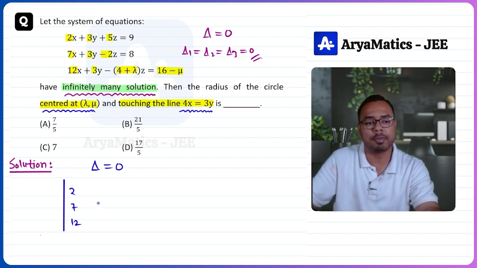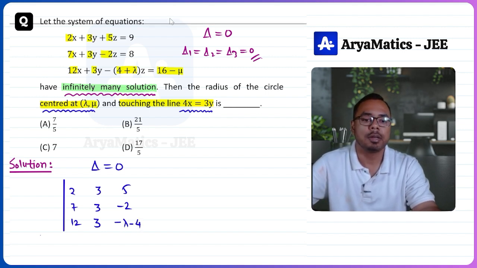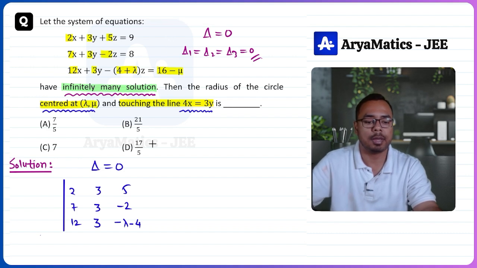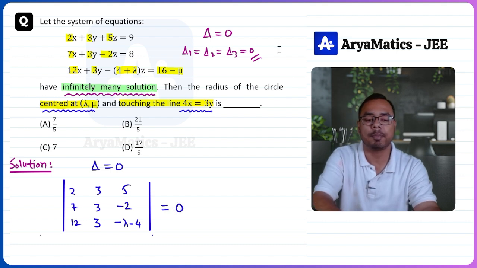So first column 2, 7, 12. Then the second column is 3, 3, 3. And finally the third column will be 5, then minus 2, and then lambda minus 4. Right, so this is the determinant of the coefficient matrix. And because the system of linear equations has infinitely many solutions, this determinant must be 0.